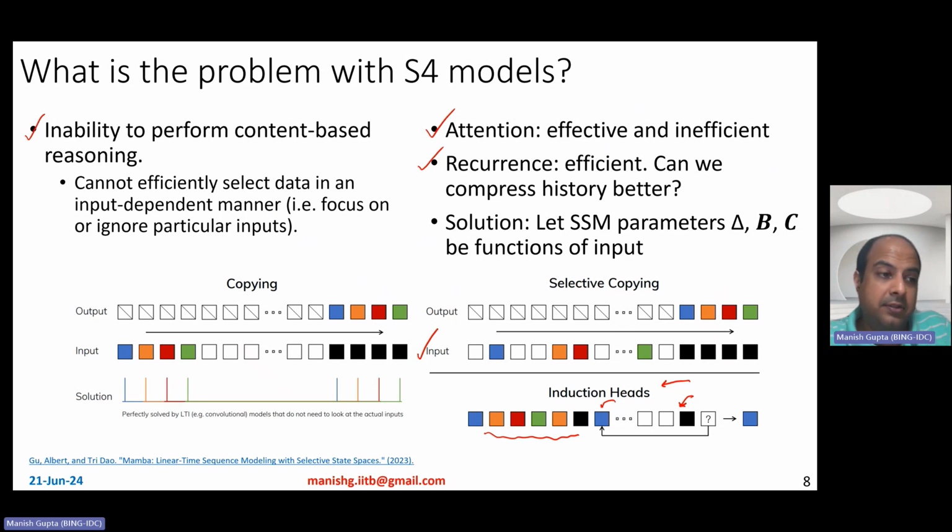But SSMs, the state space models, could compress them into H into N using that HiPPO kind of approximation, which very effectively compresses the memory. But can you compress the memory better in an attentive manner? That's the idea, and that is the main idea behind Mamba, actually. Behind what are called S6 models, S6 layers. And these S6 layers lead to Mamba.